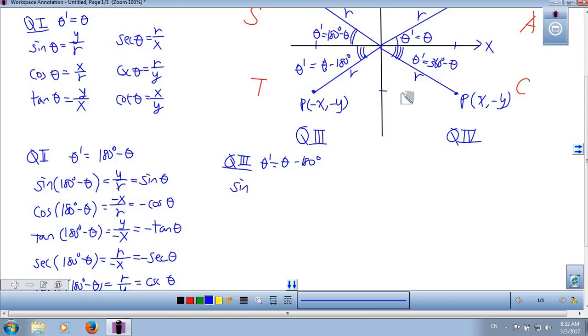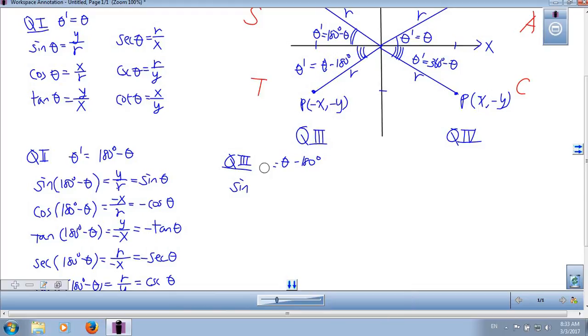Now, the reference angle is equal to theta minus 180 degrees. So if we look at the original angle theta here, we have to add 180 degrees to get to this particular angle.